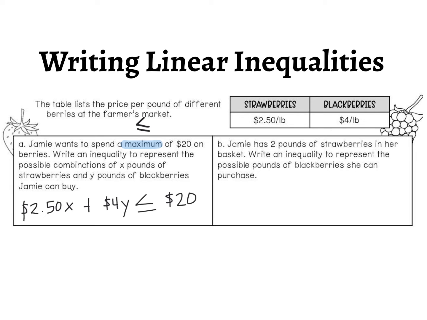So I'm going to use the previous scenario right here, and I already know she's buying 2 pounds of strawberries. So I'm going to substitute the 2 pounds in here. So $2.50 times 2, and that is a total of $5.